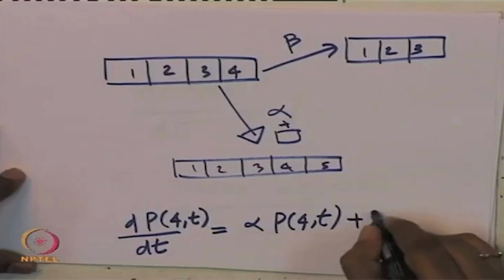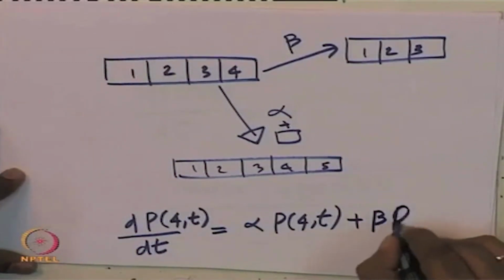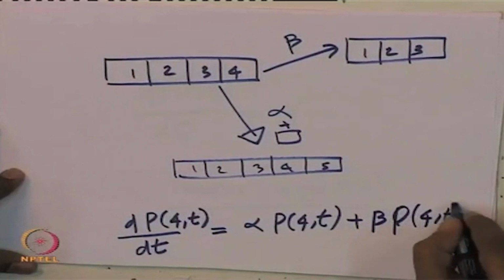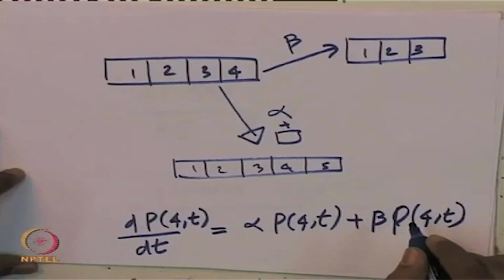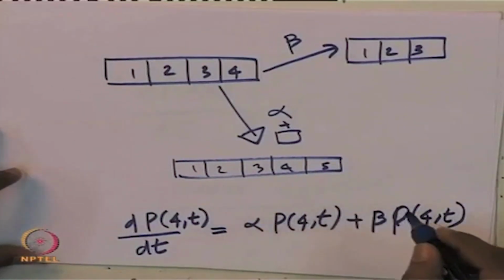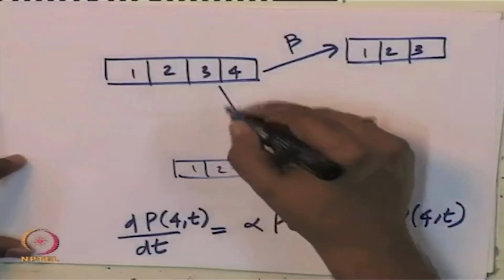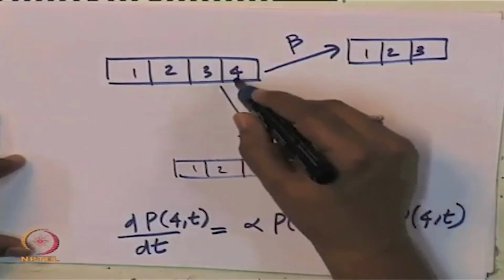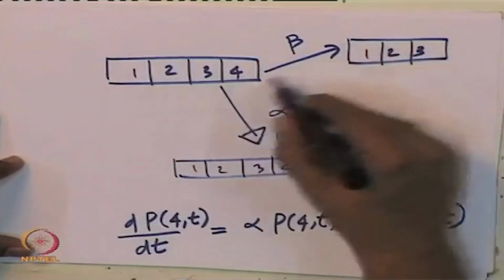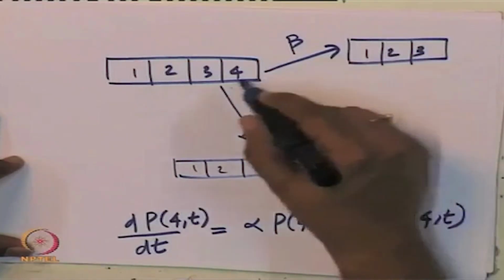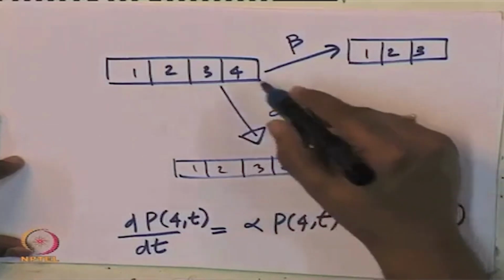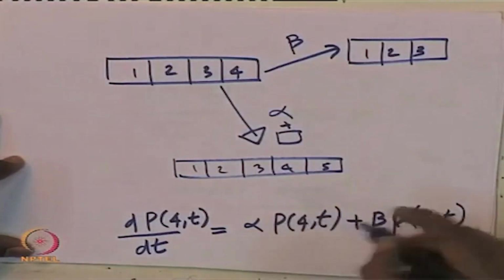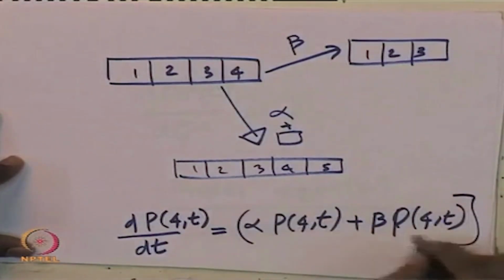With beta also the probability changes. But in both the cases, the probability decreases, because it is going away from this 4. It is going to 5 here, so the p4t decreases. So I have to put a minus sign here.